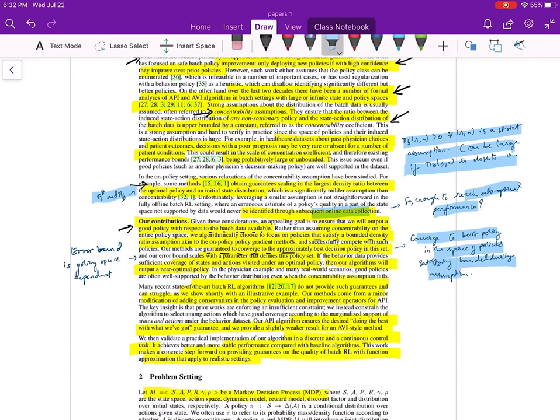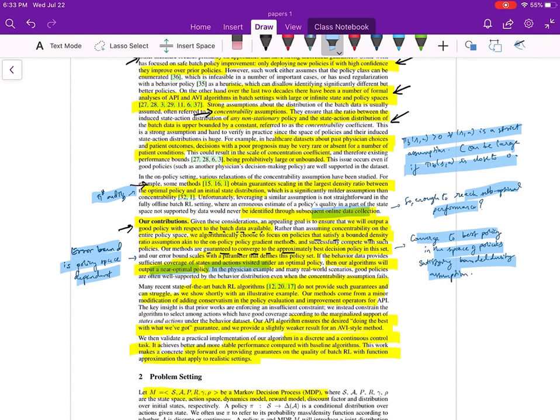The second point is saying the error bound is policy space dependent. Further, if there is sufficient coverage of states, then our algorithms output near optimal policies.